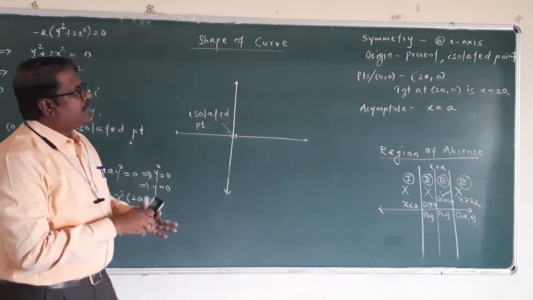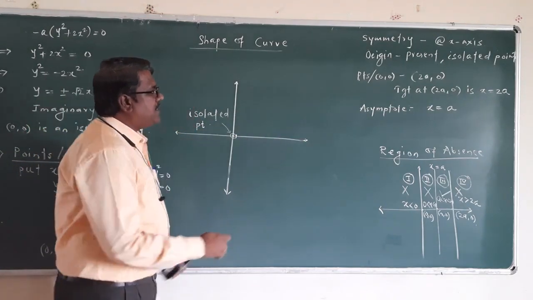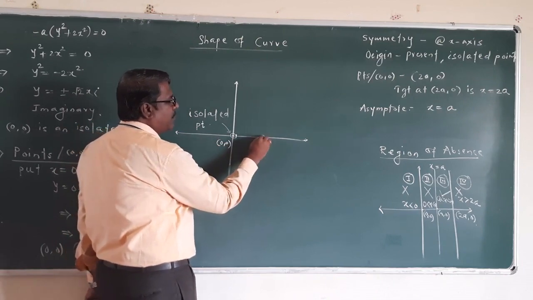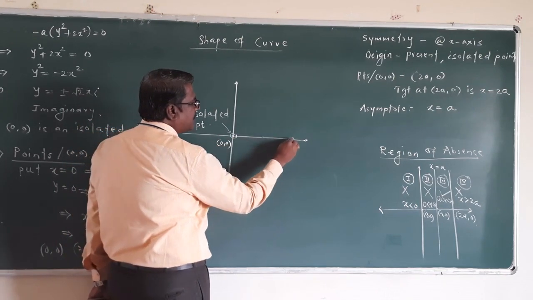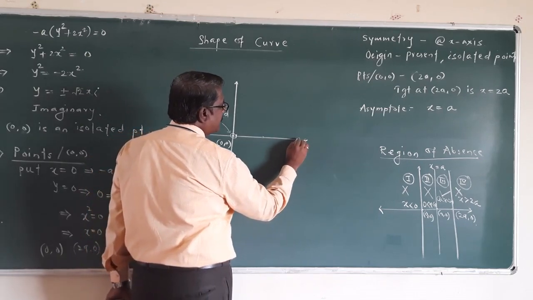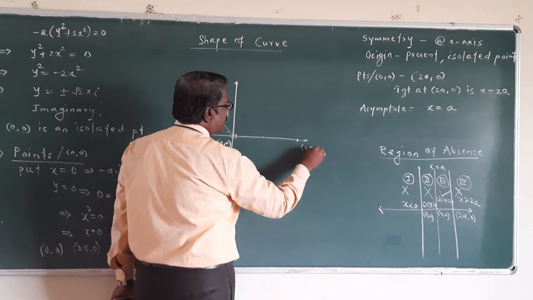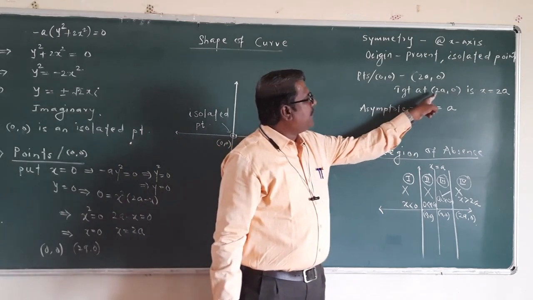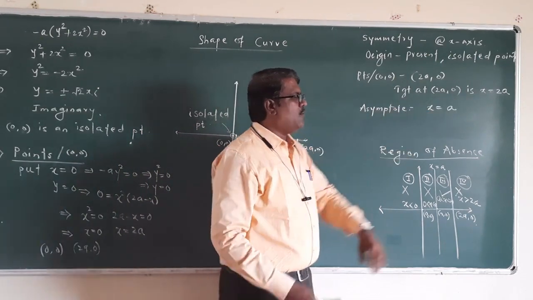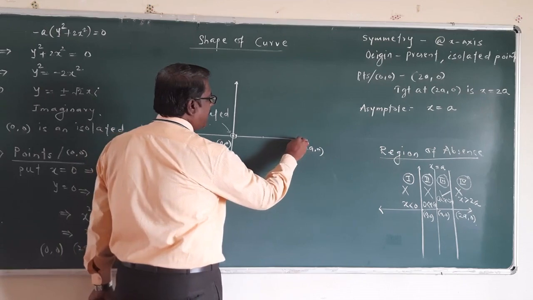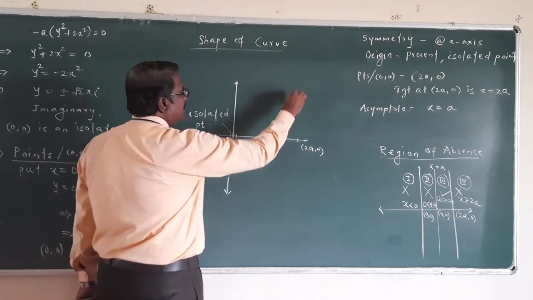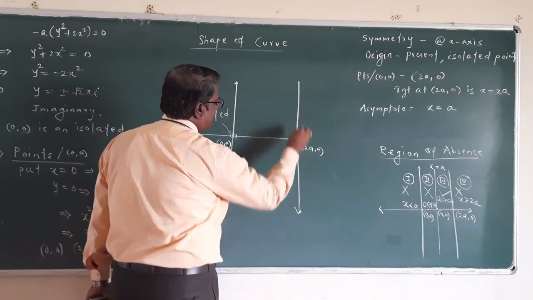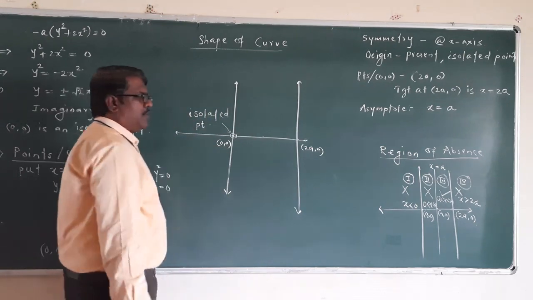Okay. Now the point other than the origin is 2a comma 0. So this is the origin 0 comma 0. Suppose this point is a comma 0, and suppose this point is 2a comma 0. At this point, what is the tangent? The tangent at 2a comma 0 is x equal to 2a, the line parallel to the y-axis. So I will draw it here. This is the line parallel to the y-axis and passing through the point 2a comma 0.